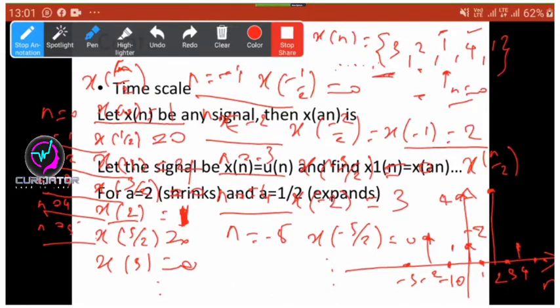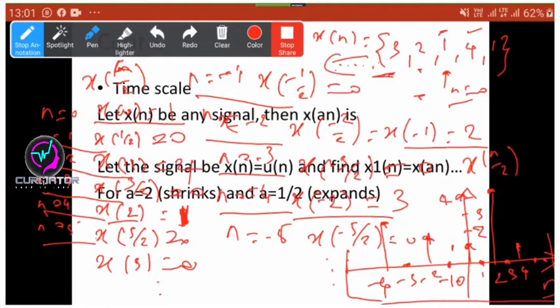Then for n equal to minus 4 we get x of minus 2, that is 3. It goes on. If we see this signal, it looks like we stretched this signal this way. I think this concept you understood very well.